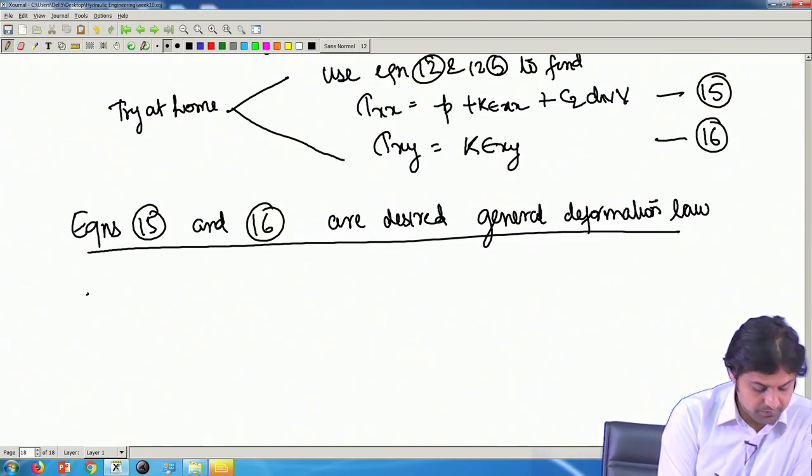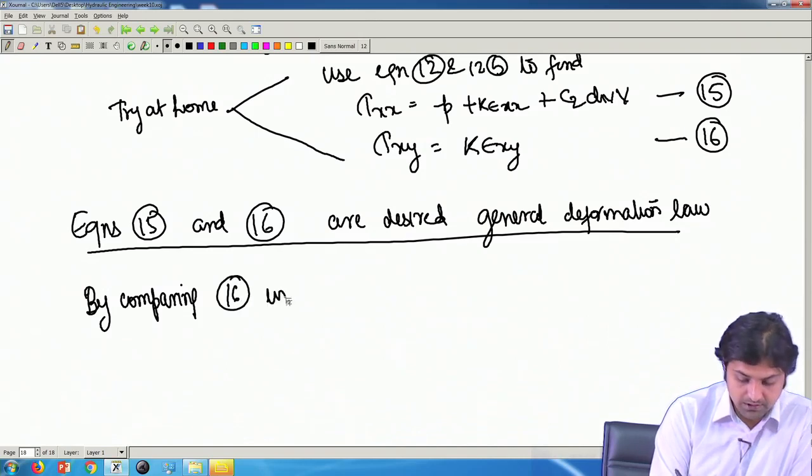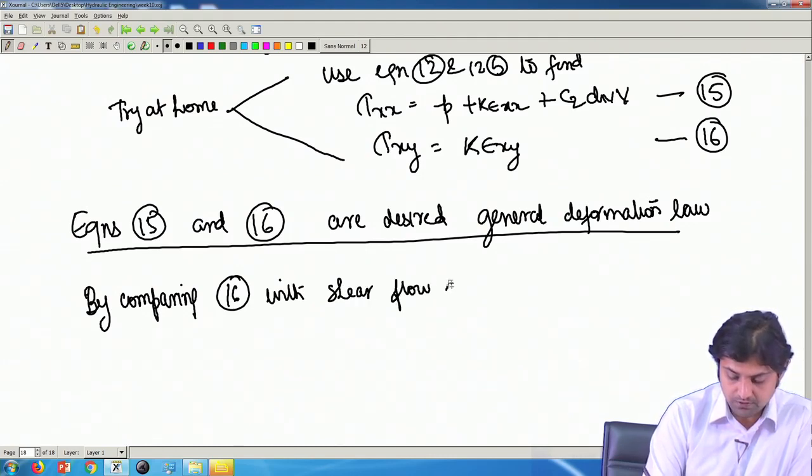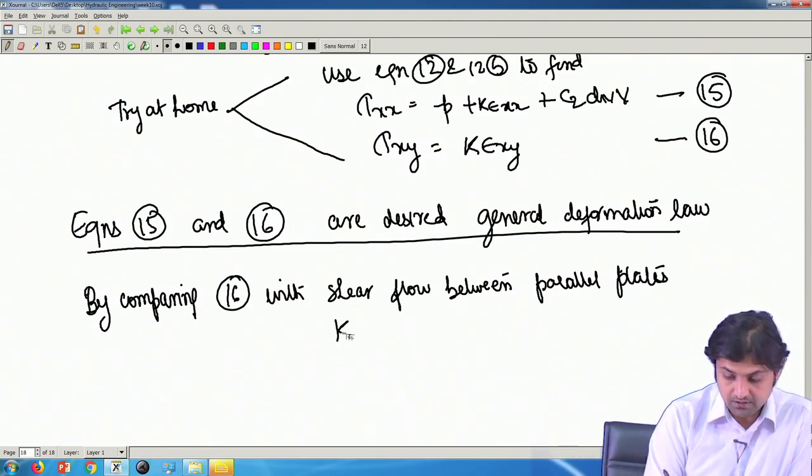So by comparing 16 with shear flow between parallel plates, we say k is 2 mu.